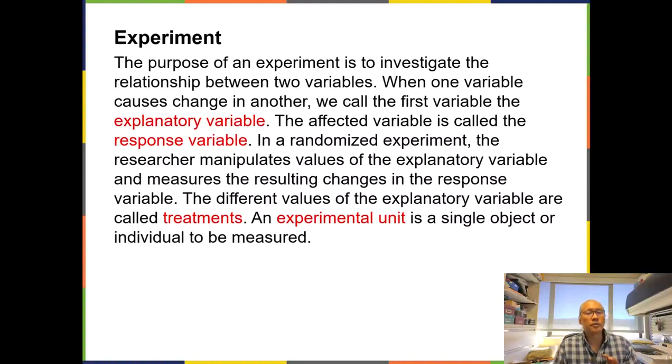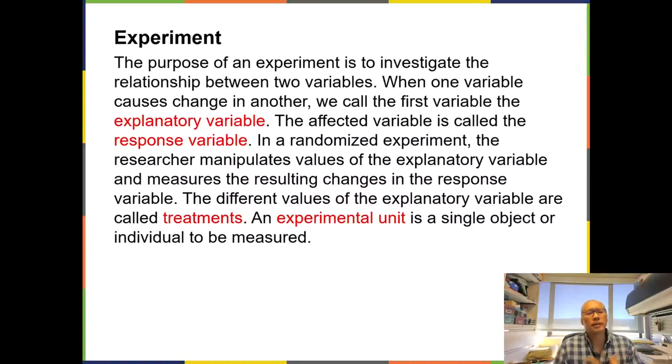The first variable is called the explanatory variable, and as the explanatory variable changes, the second would be the response variable. The explanatory and response variables will become important later on as we study associations between two variables, which we'll see in correlation and regression.